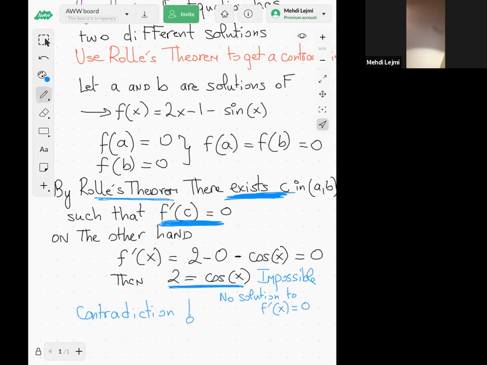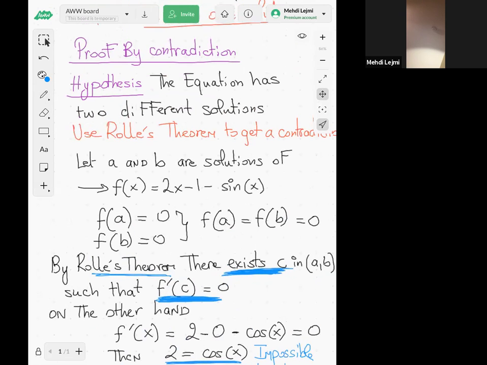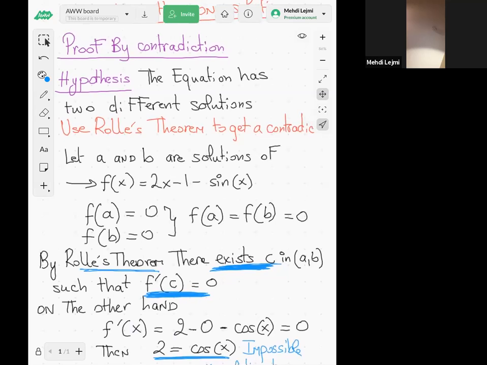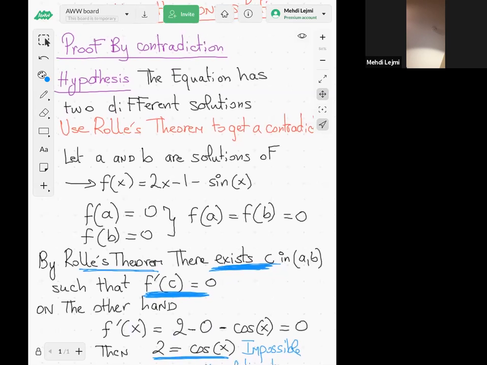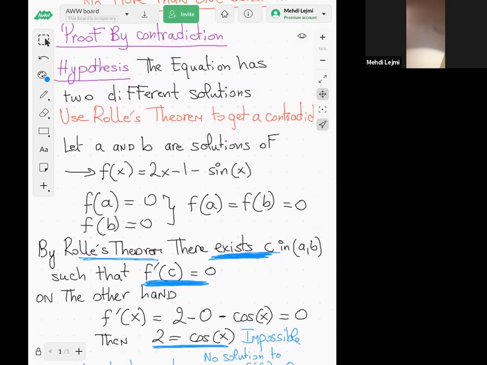So that's a contradiction. If you have a contradiction, it means that the hypothesis is wrong. And the hypothesis says that I have two different solutions, right? So if this is wrong, it means that we cannot have two different solutions. So we'd have no more than one solution, right?